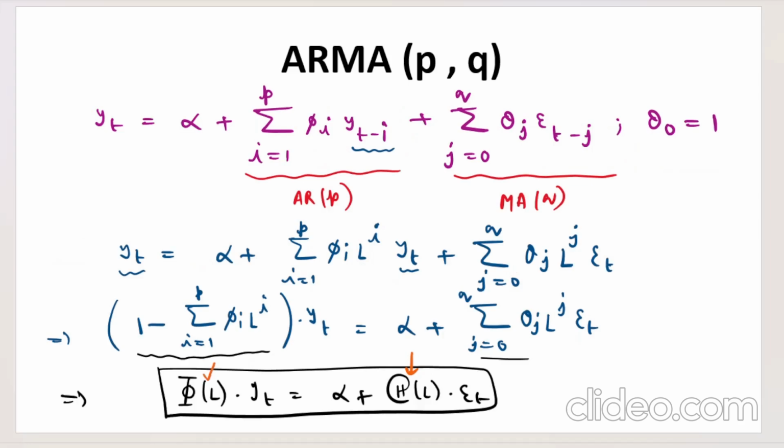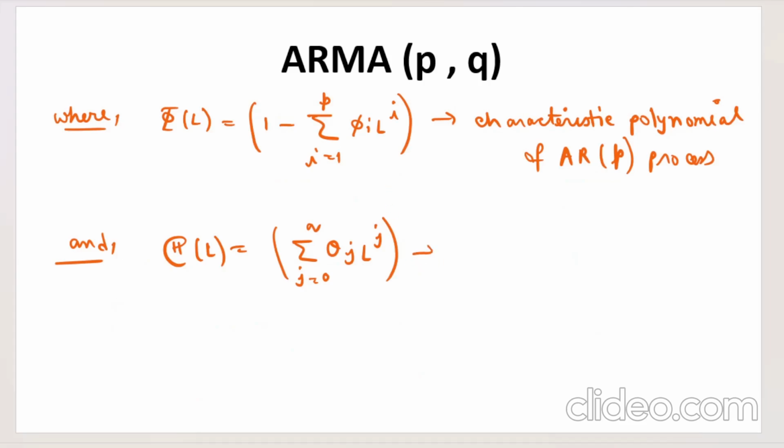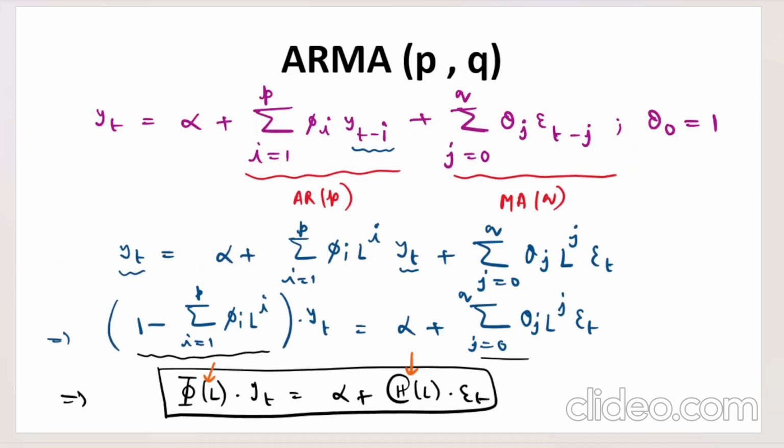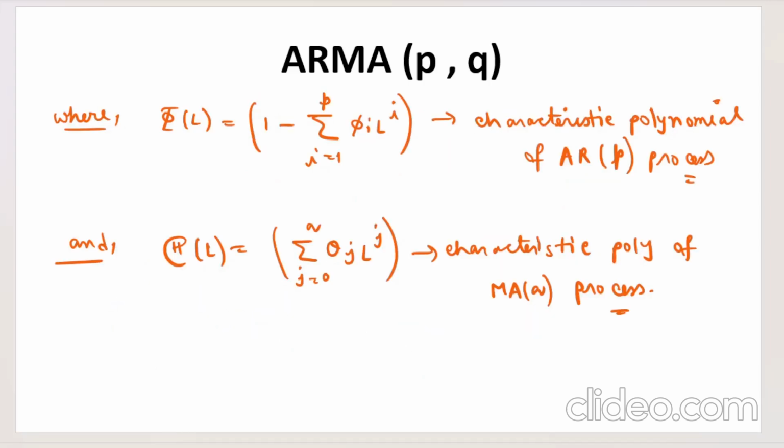This is the characteristic polynomial of the MA(q) process, right? This is clear. I hope I have explained the concept to you, and I hope this process is clear.